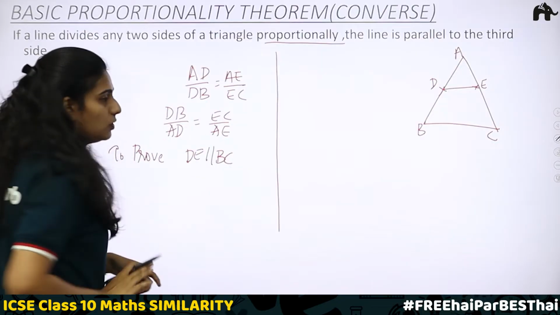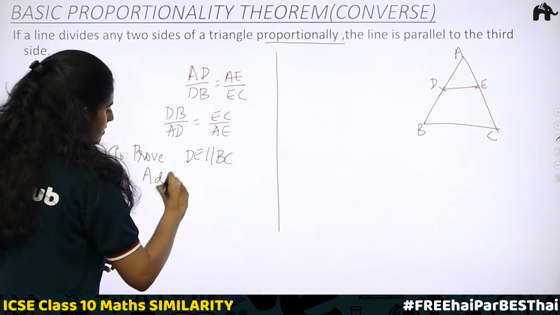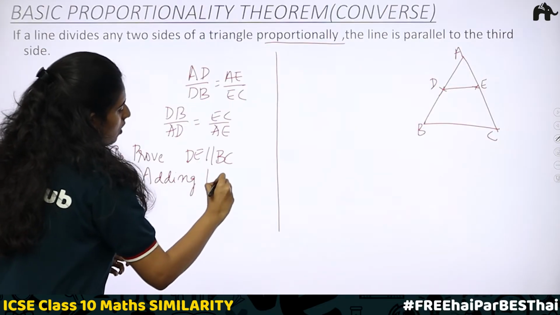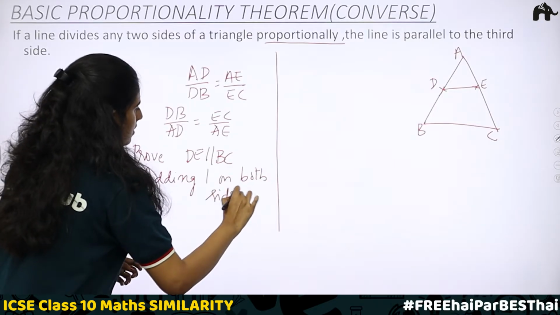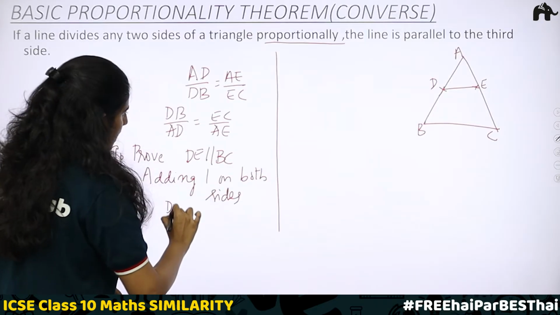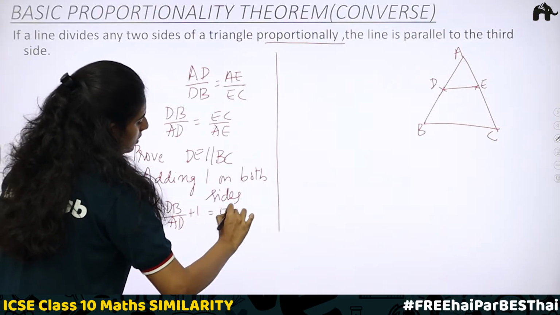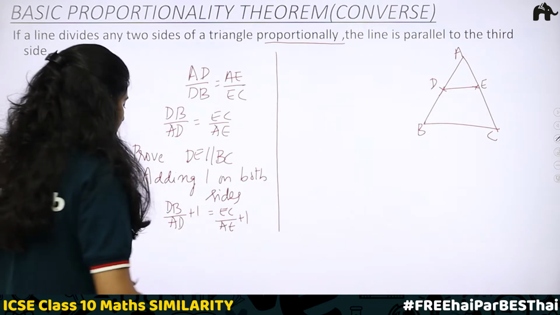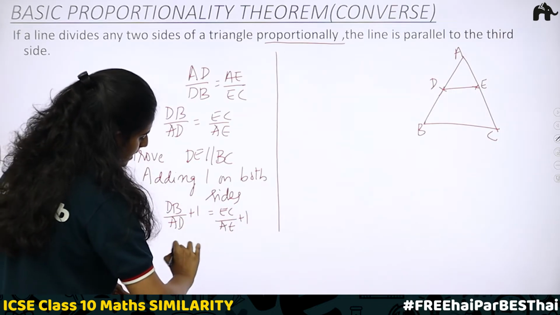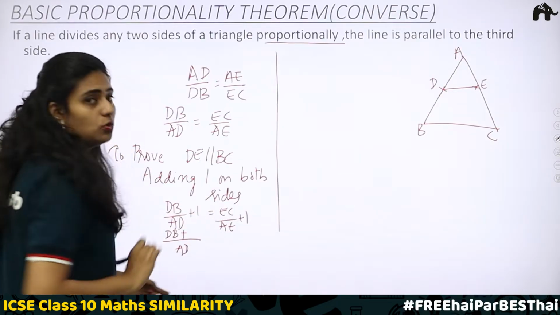Now what I am going to do is add 1 on both sides. Adding 1 on both sides. We get DB by AD plus 1 is equal to EC by AE plus 1. Now taking LCM, here in the denominator we get AD and the numerator DB plus AD into 1 is AD.